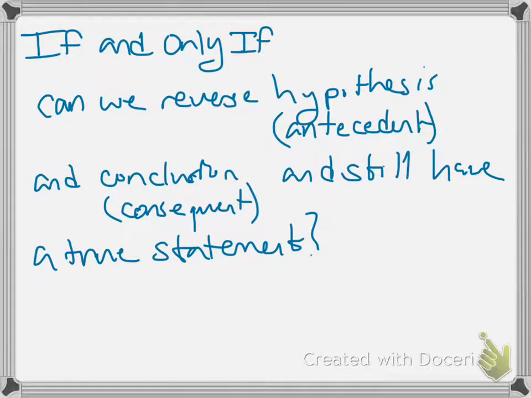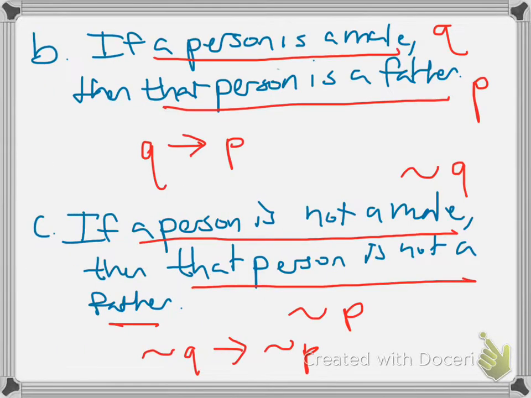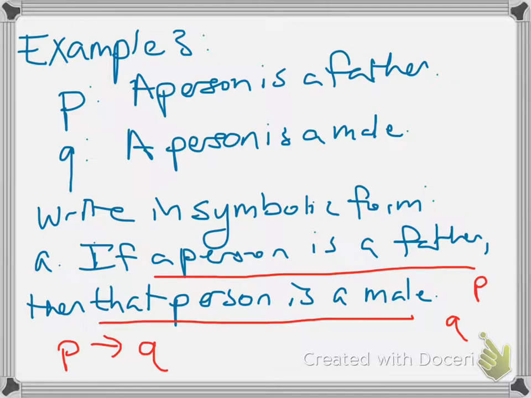That's what we're trying to figure out. So if we go back to one of our previous problems, the ones with the father and the males, if a person is a father, then that person is a male. We would expect that to be a true statement, right? That makes logical sense. We are used to calling male parents fathers in our society.